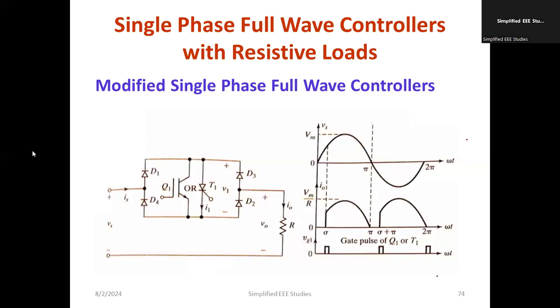That's a major problem. To overcome that, we have one more technique: we can use a modified full wave converter in this fashion. Look at this. We have diodes connected just like a bridge format, D1, D2, D3, D4. These are our power devices, which can be either thyristors or transistors.